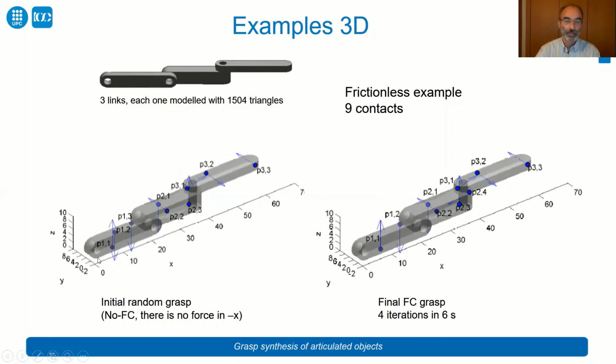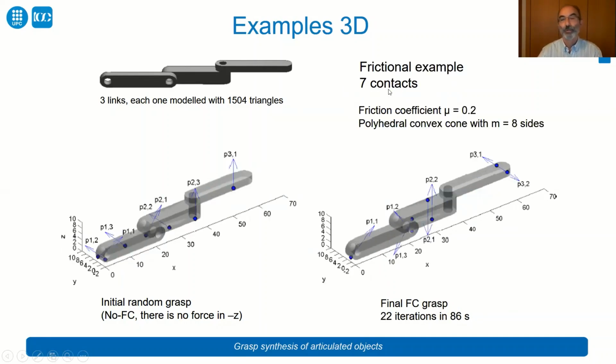These are the initial random contact points of the grasp. The grasp is not force closure. There is no force component in the -x direction, so we cannot counterbalance perturbation along the x direction. And this is the final force-closure grasp obtained in 4 iterations after 6 seconds.